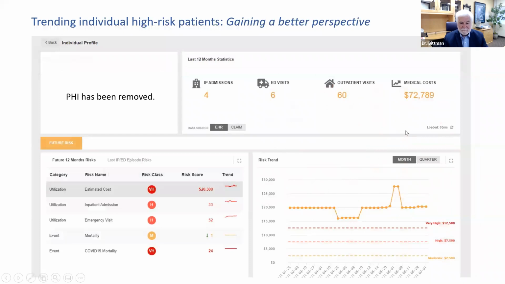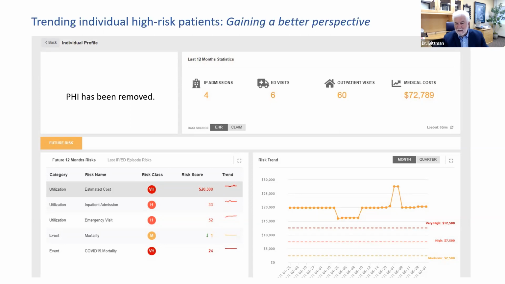Here's another one, and I basically love this screen because what this allows you to do is trend individual high-risk patients. So remember, we were looking at an aggregation, we were looking at a group before, but we basically take the individual name of the patient out of here. We know that they've had 4 admissions, 6 ED visits, 60 outpatient visits, and their cost for the year, or their total medical expenditures, is roughly $73,000.